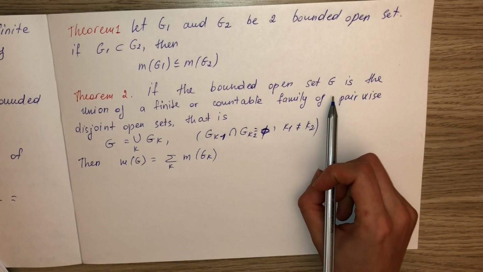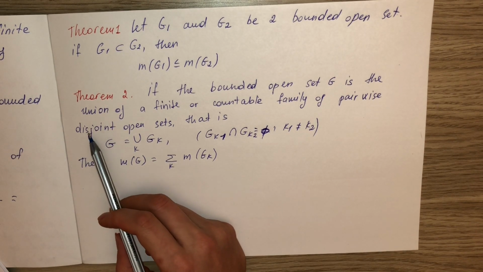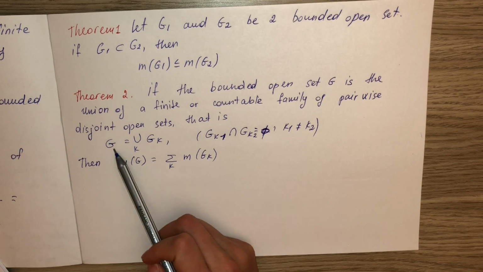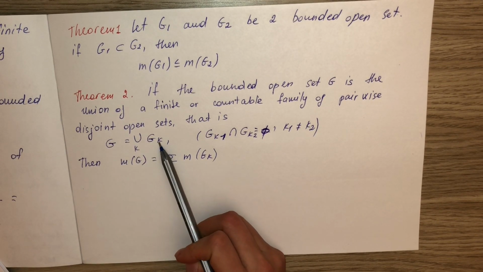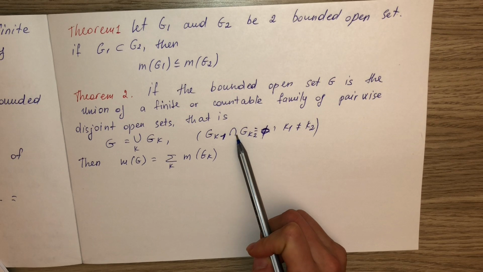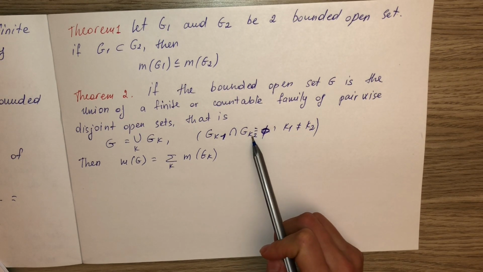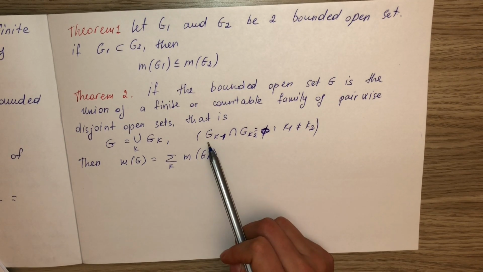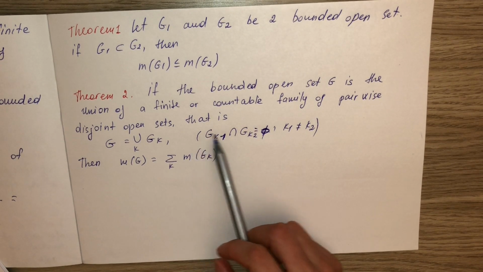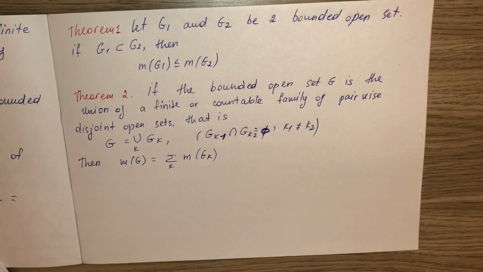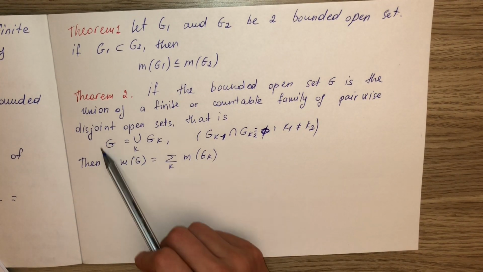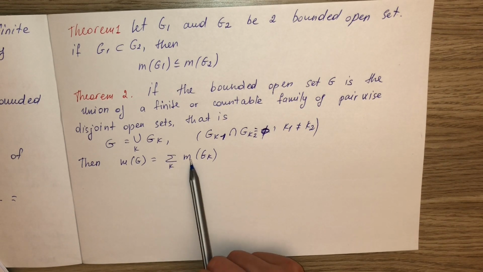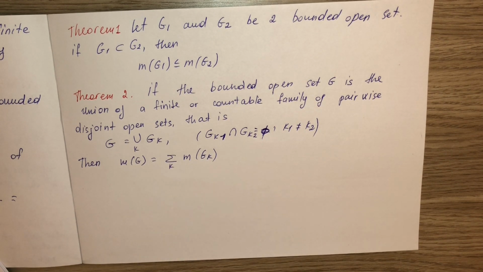It means that they have no common elements. That is, G is equal to the union of G_k, and G_k1 intersection G_k2 is an empty set. What does it mean? They don't have common elements. Then the measure of G is equal to the sum of the measures of G_k.